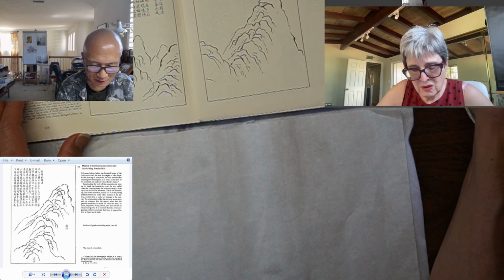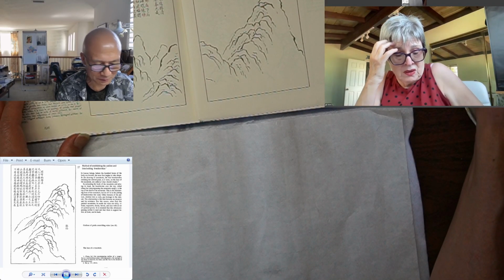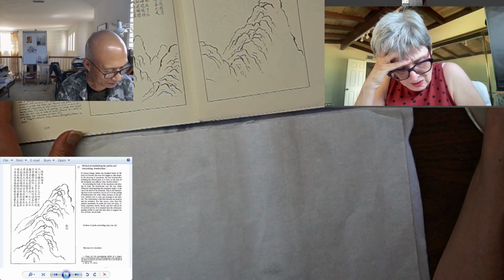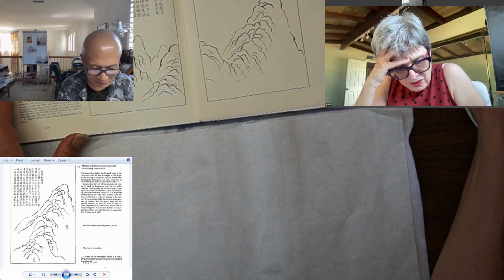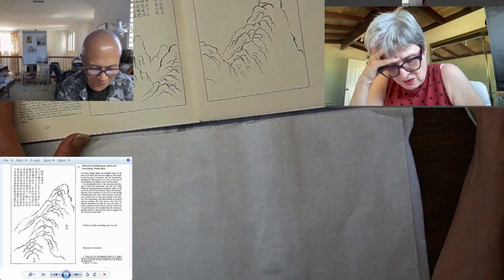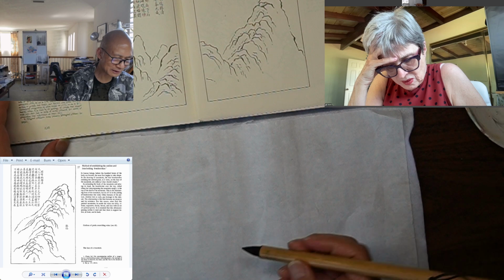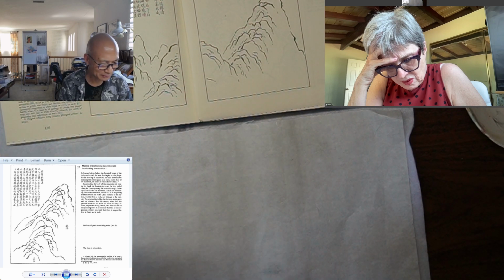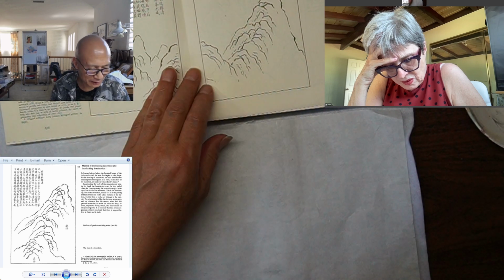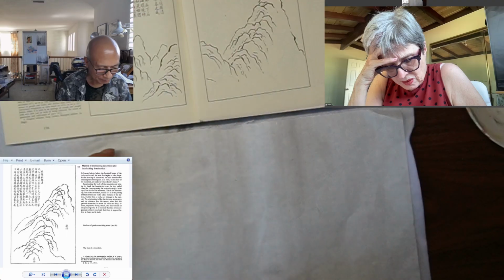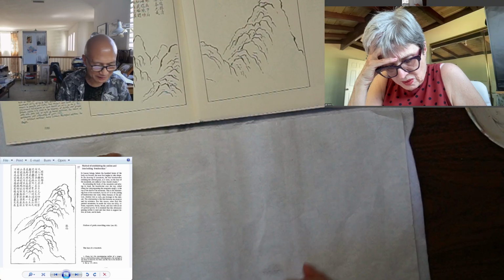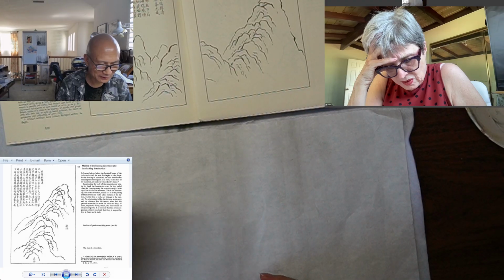Just the outer contour and the inner contour, and no texture strokes or modeling strokes. So we try to capture the essence of this idea. Again, it's not important to copy exactly, but to understand which one is the host, which one is the guest.